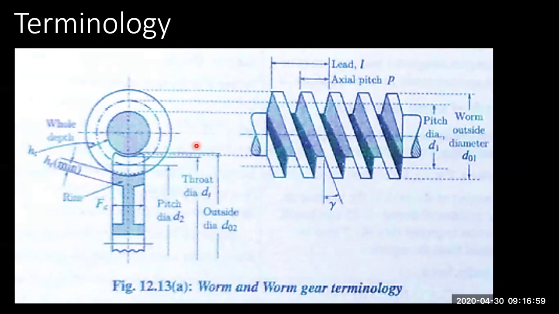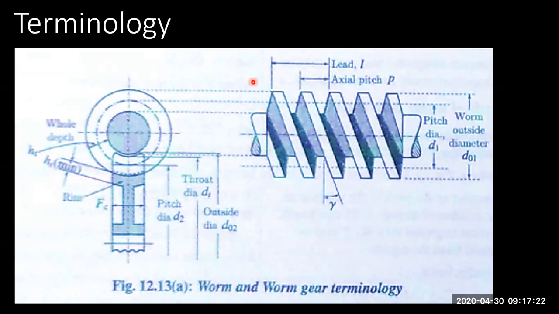It's synonymous to a screw thread, but we'll try to split it in between. The worm pitch diameter, that is D1, and you have the axial pitch, which is the distance between two threads, and you have the lead. The lead is the linear distance it moves in one revolution of this worm.